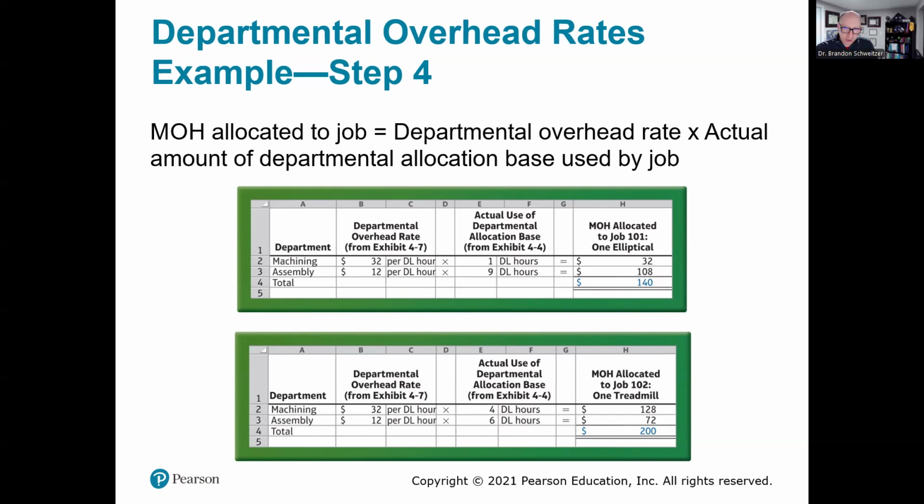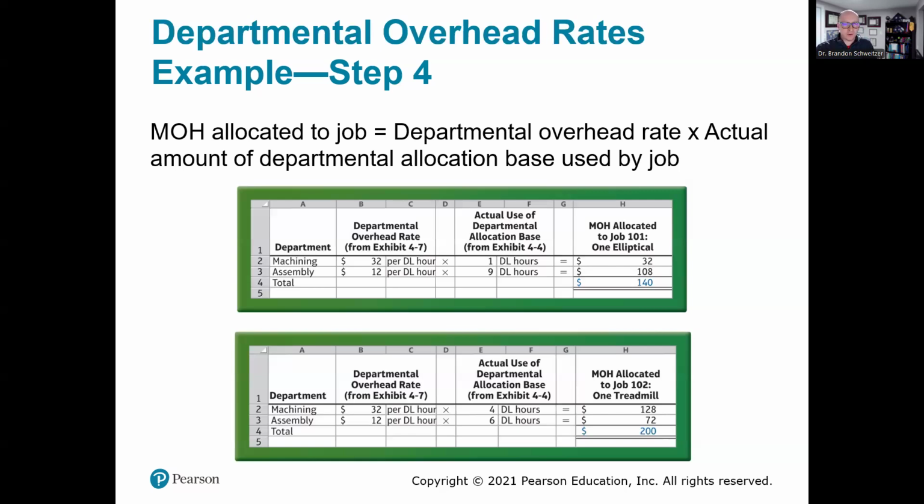And so for the elliptical machine, that means our total applied overhead is $140 for each elliptical machine. For the treadmill, again, we take our department overhead rate and multiply that by the number of hours used in each department to build one treadmill.